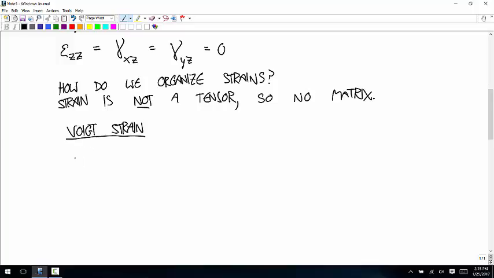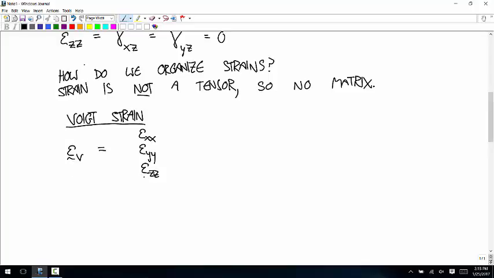So the Voigt strain, which I'm going to write as epsilon sub v, is a column matrix. It goes like this: XX, YY, ZZ. So far, everything is just like you would expect. And then obviously the next 3 would be gamma XY, then gamma XZ, then gamma YZ, except it's not. I don't know, maybe there's a good reason for that. I'm not sure what it is. But the order of the shear strains is the exact opposite of what you would expect.